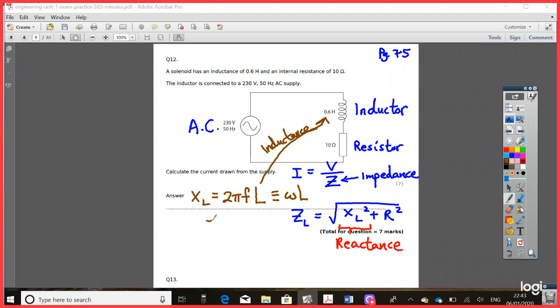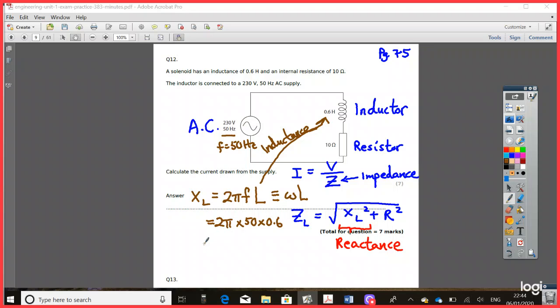So 2 pi times F. What's my frequency? F is 50 hertz, and hertz is already an SI unit. We multiply that by 0.6 henry, which is already in SI units. If it's millihenry, you have to put 10 to the power minus 3.